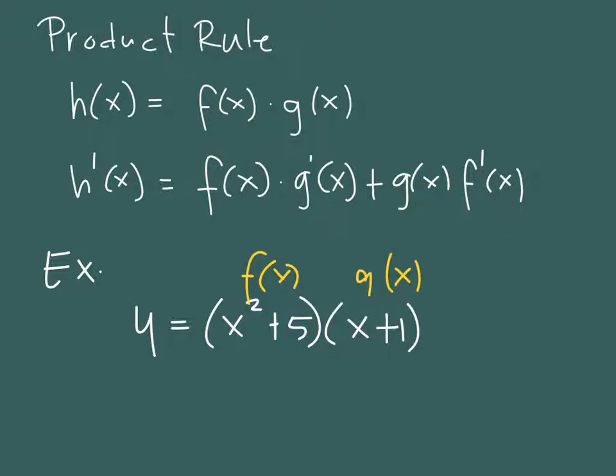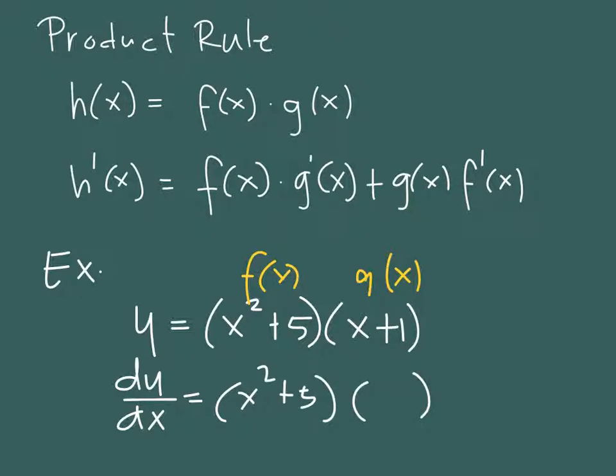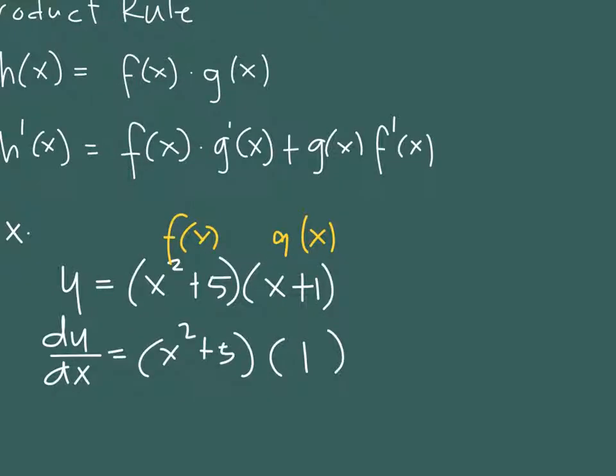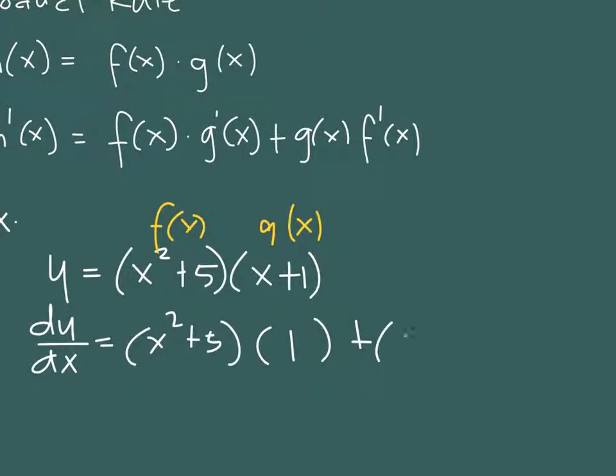So what will be our dy over dx? By the rule, we copy the first, derivative of the second is 1. And then plus, we copy the second, and then derivative of the first, 2x.